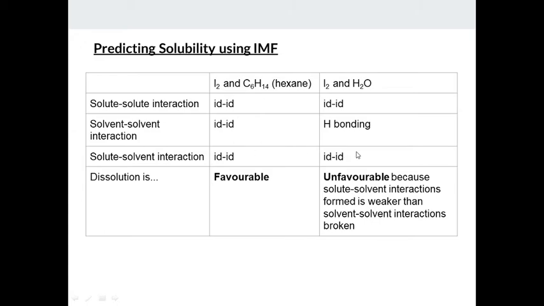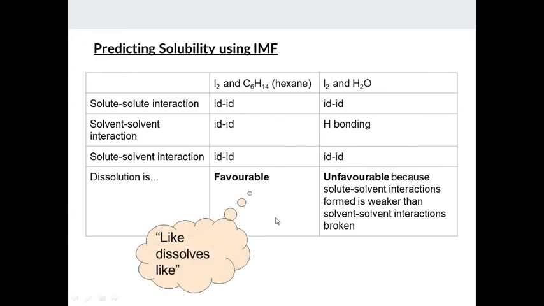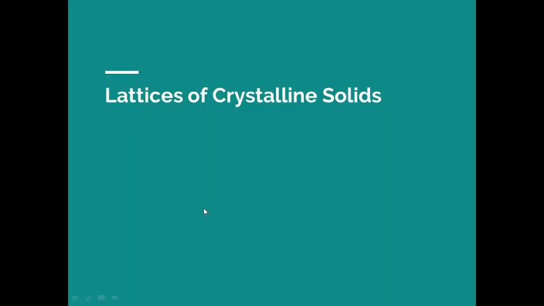But note that the formation of weak ID-ID interactions between iodine and water molecules does not outweigh the energy absorbed in disrupting the strong hydrogen bonding between water molecules. So overall, the process will be endothermic, and thus dissolution will not be favorable. We can thus deduce the very common rule that I'm sure you have heard of, which is like dissolves like.